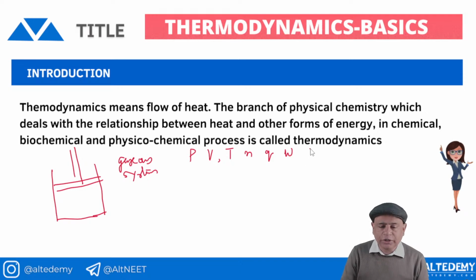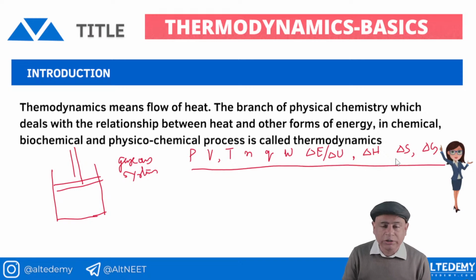Besides, we are also talking about delta E, that is change in internal energy, or delta U. These are one and the same thing. We often use internal energy. Change in enthalpy, change in entropy, change in Gibbs free energy. These are some of the parameters, rather all the parameters that we have discussed. There are some others also, but these are mainly the parameters where we will be discussing thermodynamics.